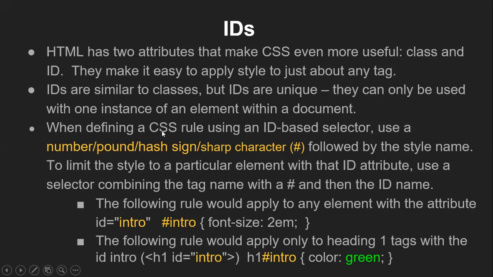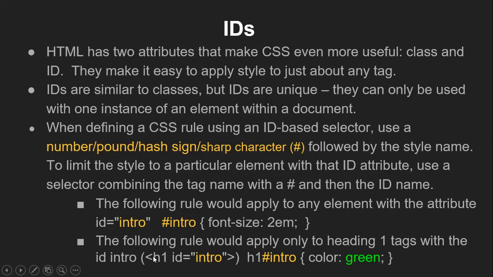Now, when defining a CSS rule using an ID-based selector, you use the hash symbol, hash sign, or pound, or number, or sharp character, depending on what it is called in your country, followed by the style name. To limit the style to a particular element with that ID attribute, use a selector combining the tag name with a hash and then the ID name.